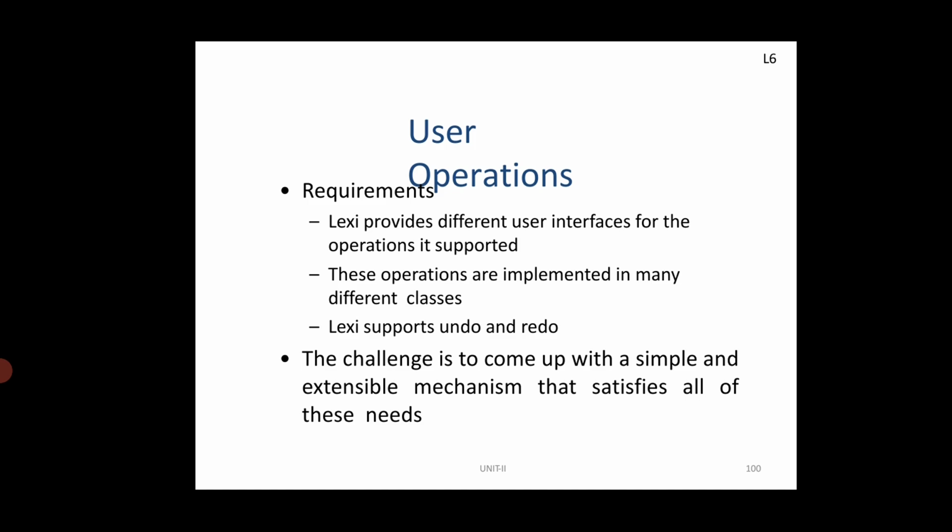So the challenge here is to provide a uniform mechanism both for accessing this scattered functionality and for undoing its effects. Now we are studying the main requirements we need to support user operations.